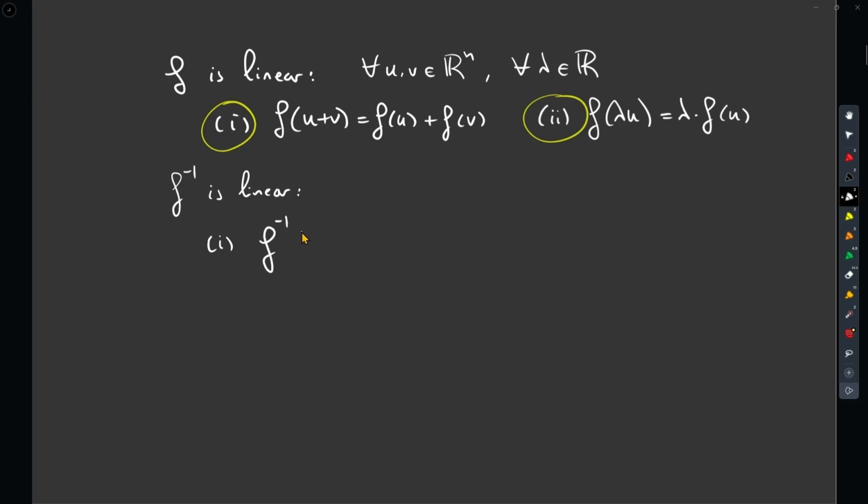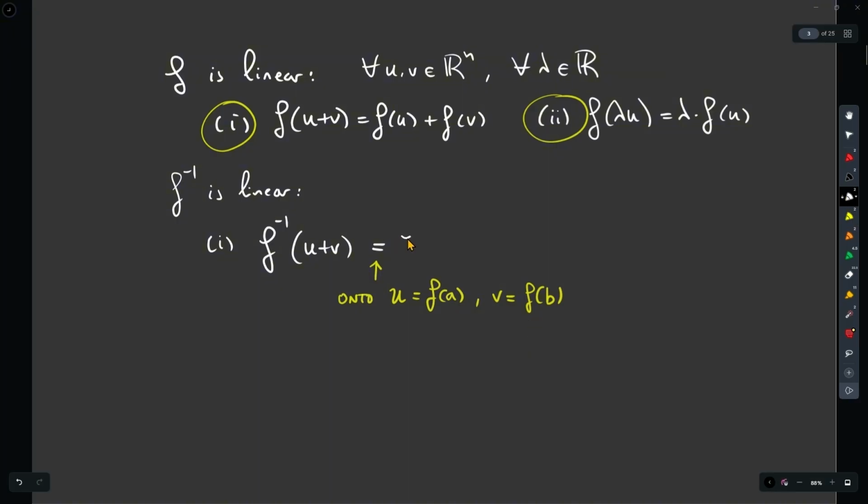Suppose I do f inverse of a sum of elements. Then what does that mean? Well, because the map is onto, I know that u has to come from somewhere. So u has to be in the range. So u is f of a, and v is also in the image, so it has to come from somewhere, call it f of b.